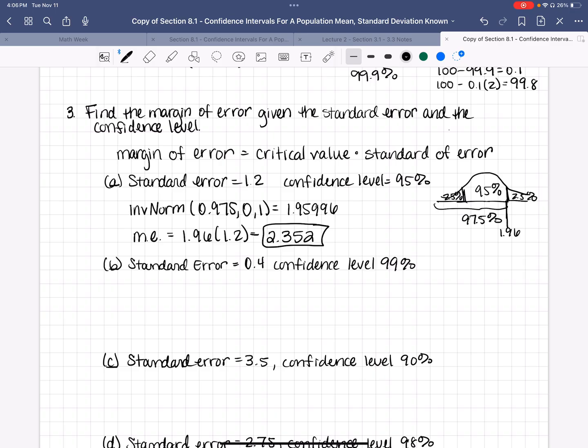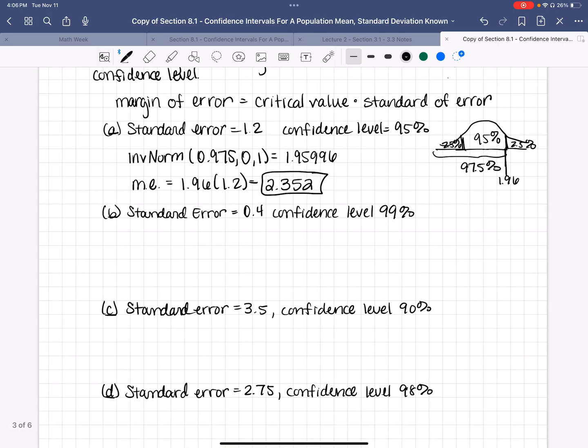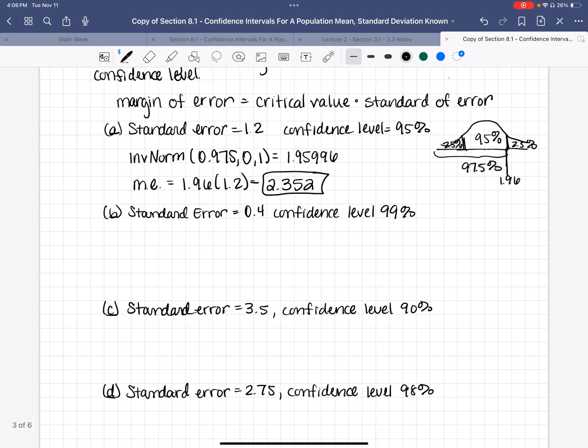Okay, let's look at B. I have a standard error of 0.4, confidence level of 99%. Okay, so if my confidence level is 99%, here's my 99%. Okay, that means there's 1%. 1% divided by 2 is 0.5%. So this is 0.5%.